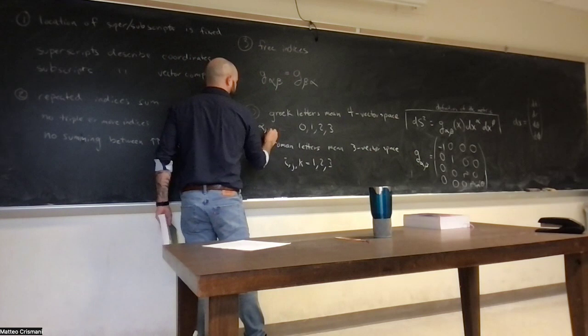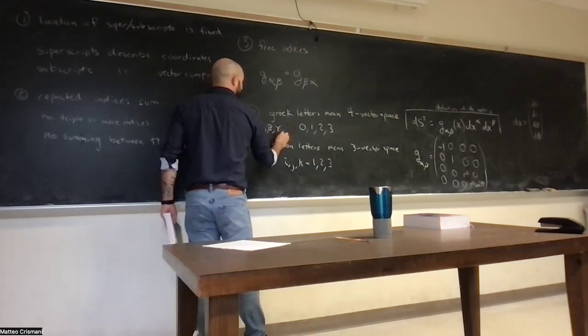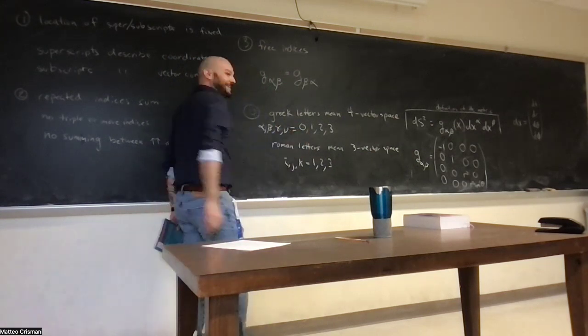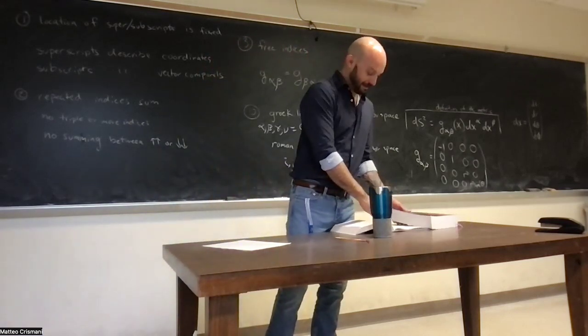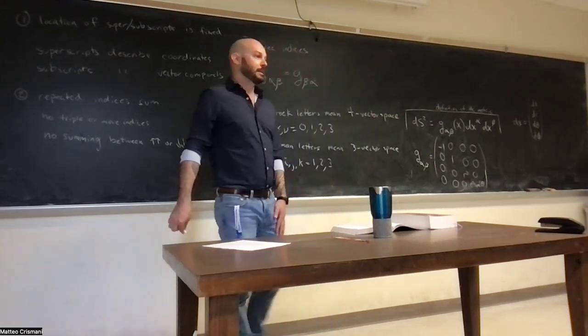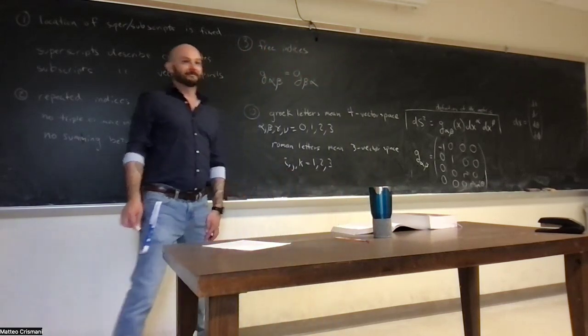I know those are Roman letters. I think that's right. Is that not right? Where do we get our letters from? Maybe they're Arabic? I know the numbers are Arabic, I don't know where the letters come from.